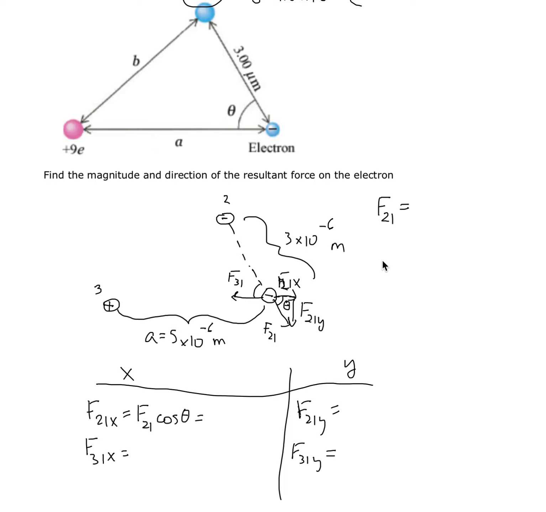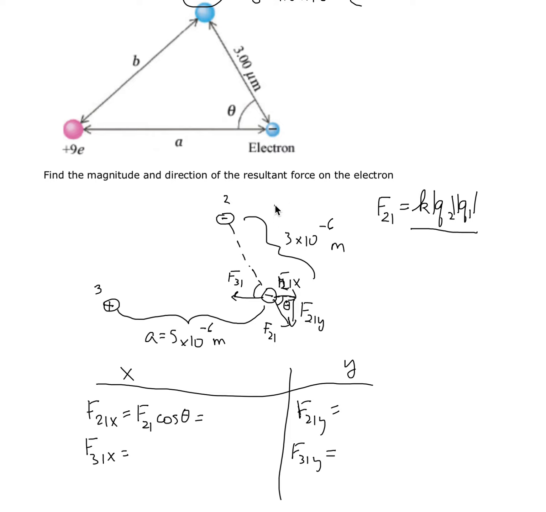Coulomb's law tells us that the force between the two charges is Coulomb's constant times the magnitude of both charges. So we need to put Q2 in here and Q1 in here. Just a magnitude, you can put absolute value signs if you want to, just to remind you that this equation will just give you the amount of the force. And then you need to divide by the distance squared between the two charges.